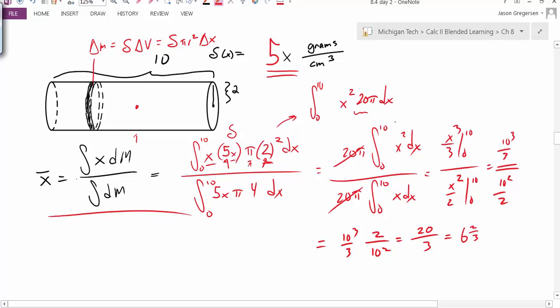But this stuff is just a constant. I can pull constants outside of my integrals. I have that property of integration. So all I'm doing here is saying, okay, I have this constant piece. I'm just going to write that as 20 pi times the integral from 0 to 10 of x squared dx. Is that the question? Okay, good.